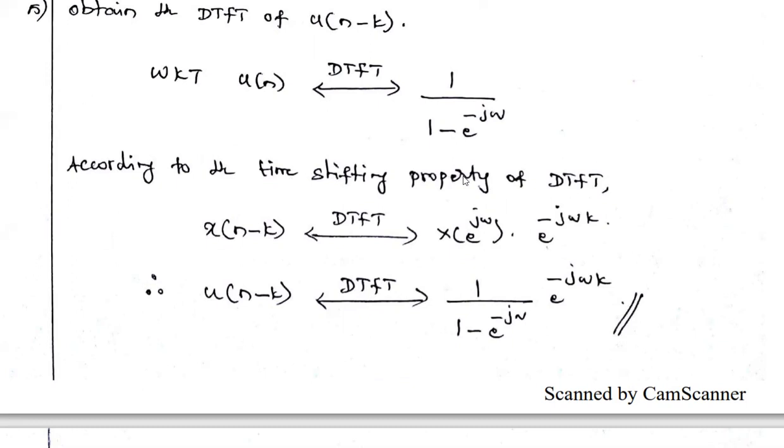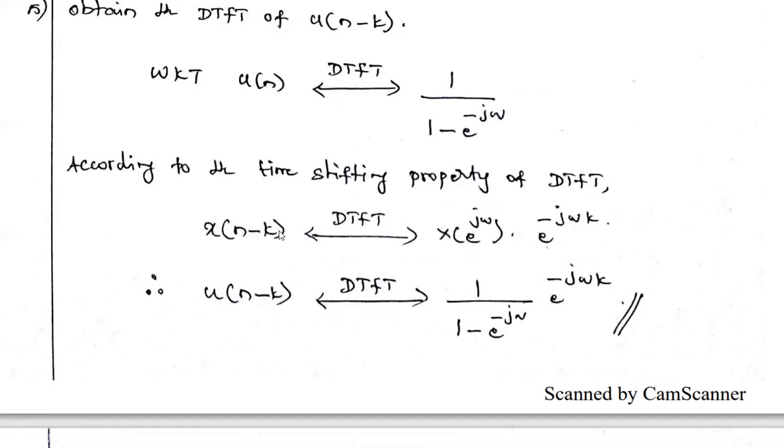According to the time shifting property of DTFT, if a signal x of n has the DTFT capital X of e power j omega, then what is the DTFT of x of n minus k? x of n minus k is a delayed signal, x of n delayed by some amount k, where k is the amount of shift.